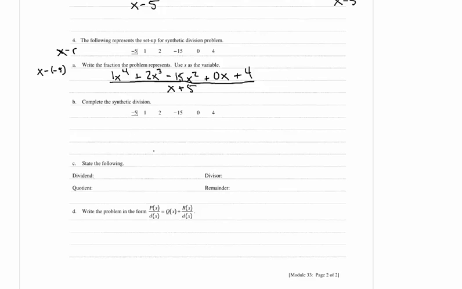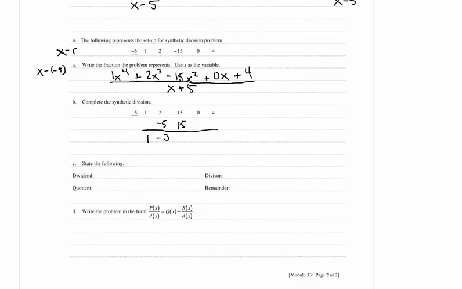And now it wants us to complete the synthetic division. So I'm going to draw a line. The first thing we do is bring down our 1. And we have negative 5 times 1 is negative 5. 2 plus negative 5 is negative 3. Negative 5 times negative 3 is 15.